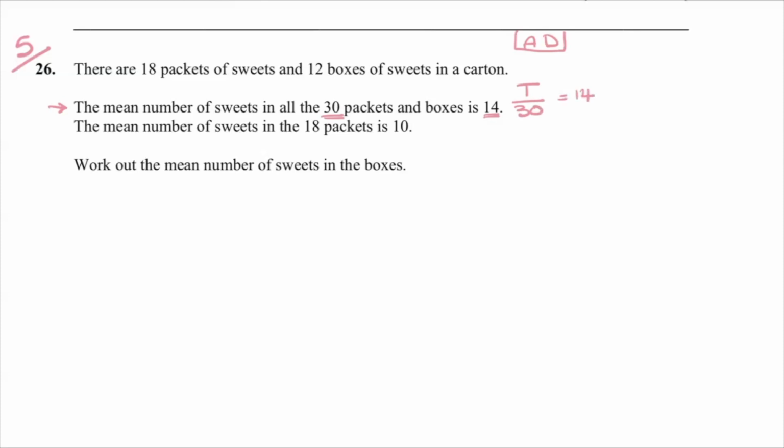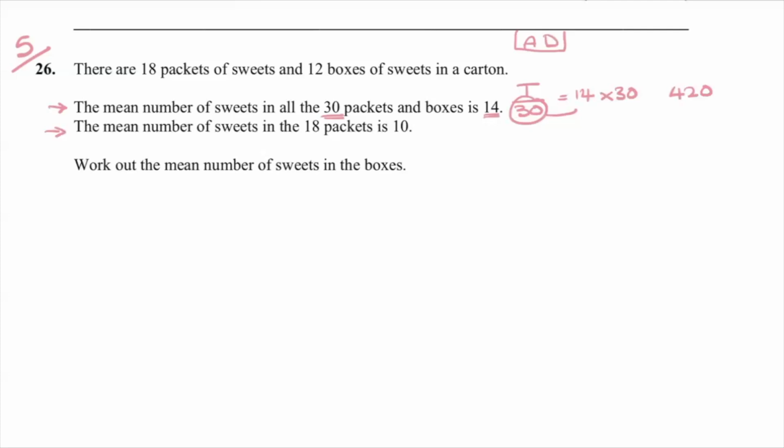What that enables me to do is to get the total. If I just bring that 30 across and multiply by it, so 3 14s are 42, add the 0, then although I don't know all the individual numbers, what I do know is that all 30 of them will add to that. And then I'm going to do the exact same thing with the mean for the packets.